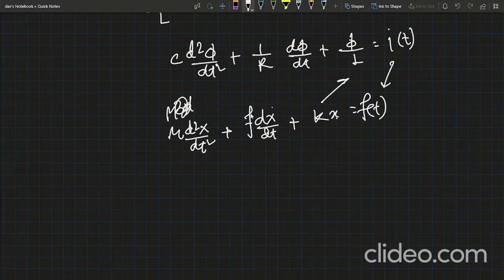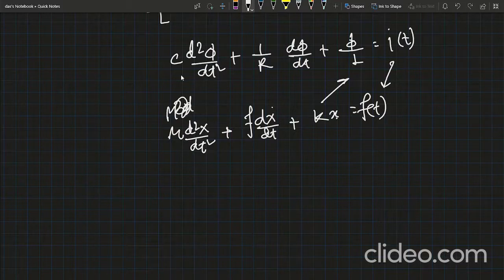That means here small f, the viscous friction coefficient, is equivalent to 1 by R, and mass equals the capacitance. So this is the force-current analogy. Okay, so this is the equivalent mechanical system comparison with the electrical system. That is our first topic in this class.